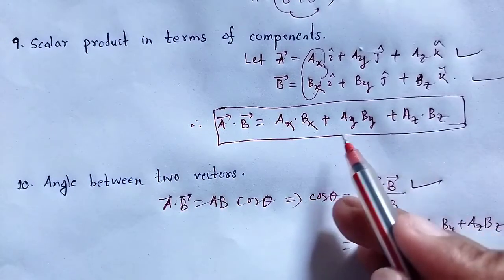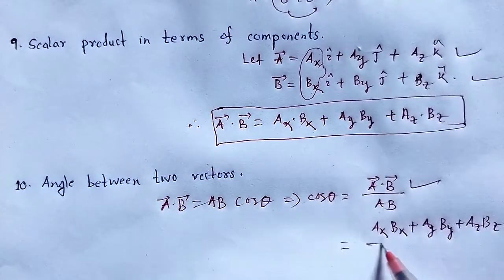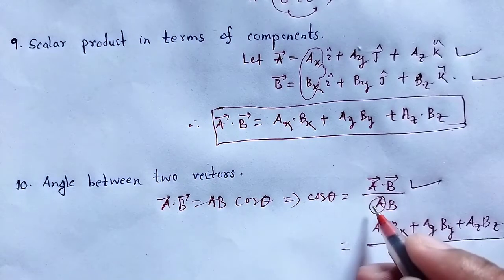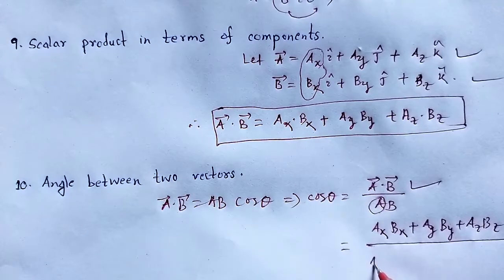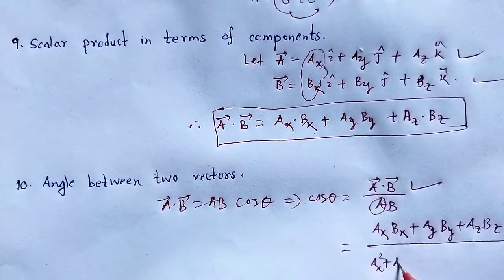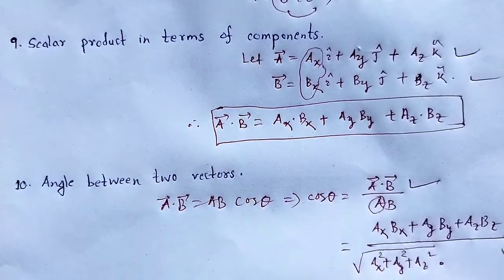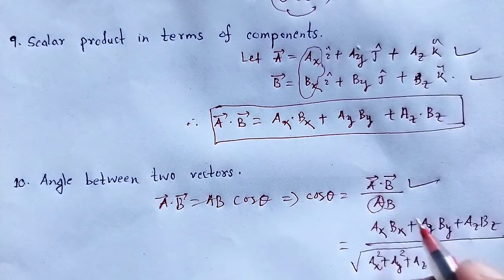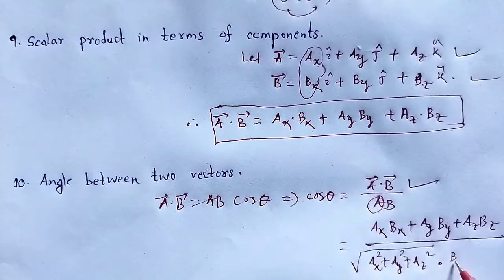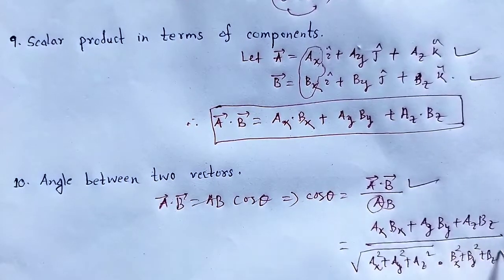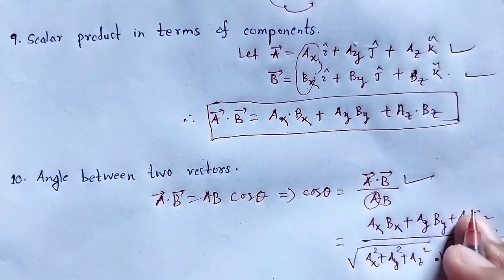Then A, the modulus of the vector, is the square root of Ax square plus Ay square plus Az square, and B, the modulus of B vector, is the square root of Bx square plus By square plus Bz square.